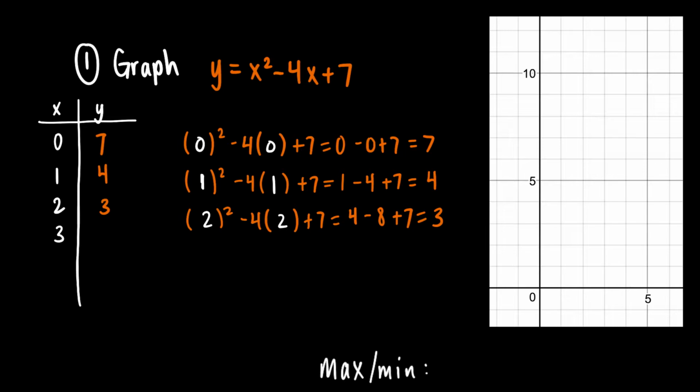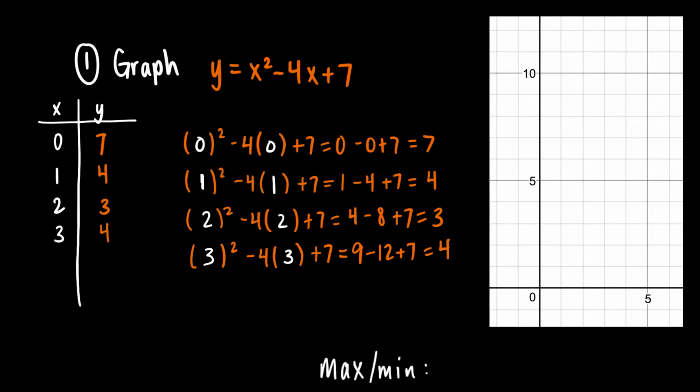Okay, so we're plugging in 3 now for x, so we're going to do 3 squared minus 4 times 3 plus 7. 3 squared is 9 minus 4 times 3 is 12. Oh, I'm writing in white again. So that's going to be 9 minus 12 plus 7. That's negative 3 plus 7. That's going to be 4. So we'll put a 4 here.